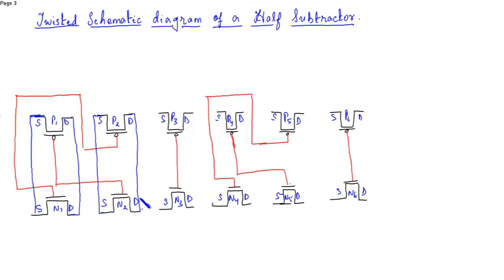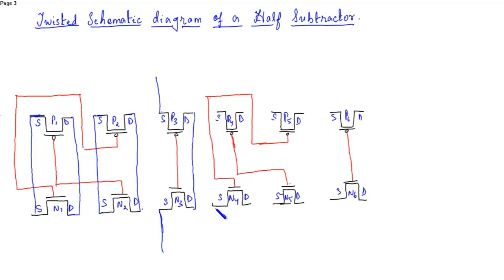Okay. So now the source of the inverter is connected to VDD. Source of the NMOS is connected to ground. Then the drains are connected. Okay.